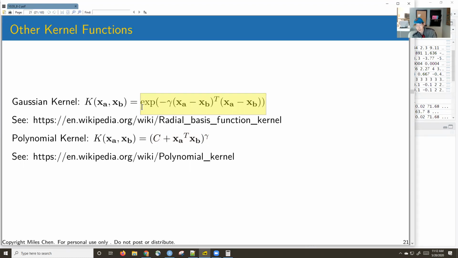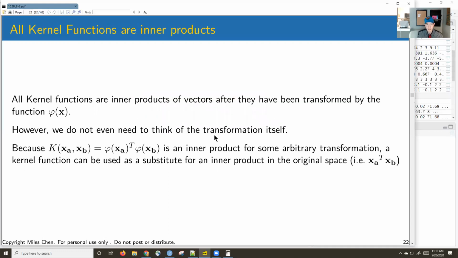Technically, this kernel uses a transformation function that transforms into infinite dimensional space, because it uses the Taylor series for the exponential function, which is infinitely long. So we can't actually write out the transformation function with all of its terms because it's infinitely long.